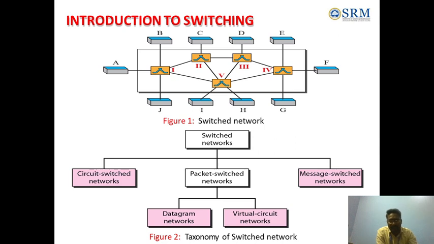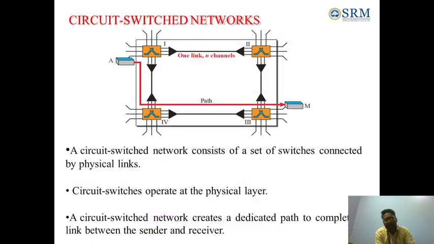In the circuit switch network, the schematic diagram shows how the connection is established between the computers A and M. A circuit switch network establishes a channel between A and M, and we have a total of 4 switches.